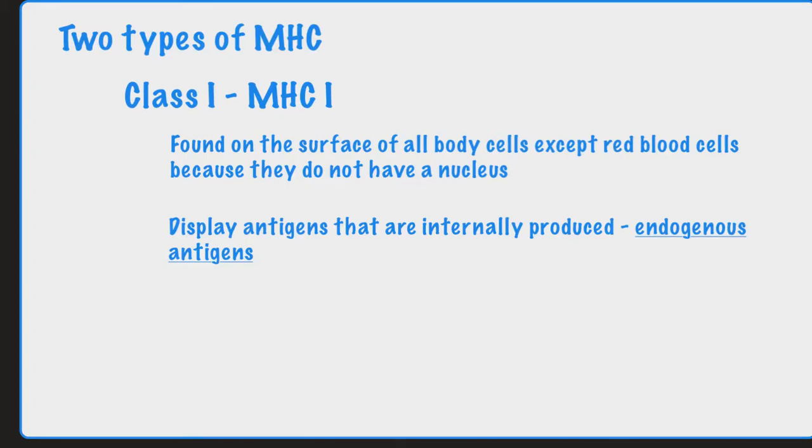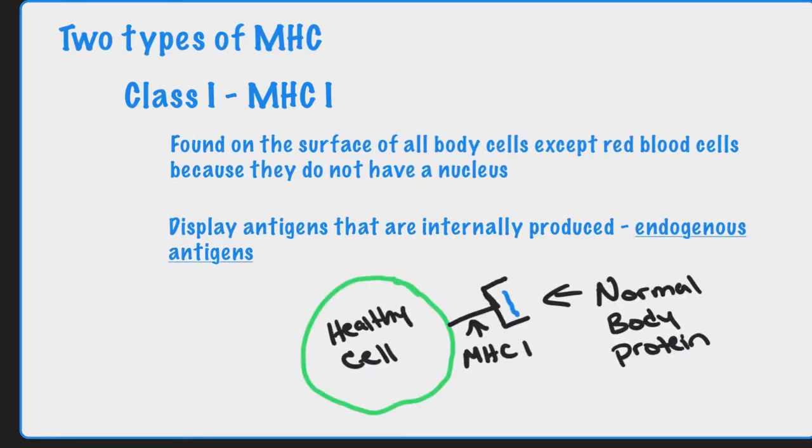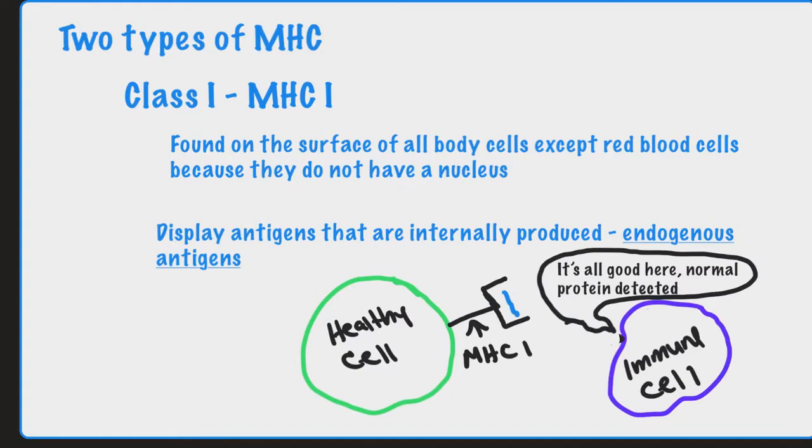So in a healthy cell, the MHC1s will have normal body proteins inside of them, and when an immune cell comes by, it won't mount a reaction because in a normal response, the immune cells should have been conditioned to not recognize self proteins. And so if the cell is happy and healthy and normal and showing normal proteins on its surface, the immune cell will just keep wandering by and not have a response.